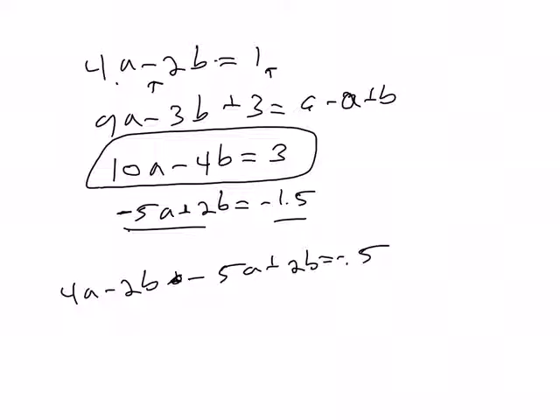Or in other words, these b's cancel, so you're going to get 4a minus 5a, so we're going to get minus a is equal to minus 0.5, or a is equal to a half.